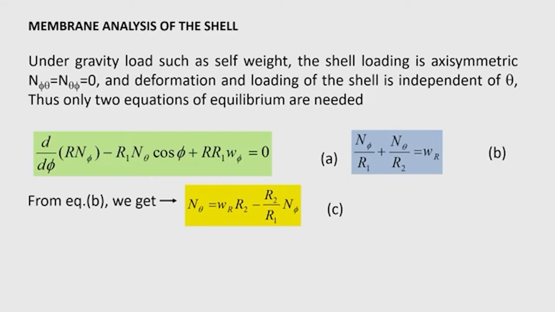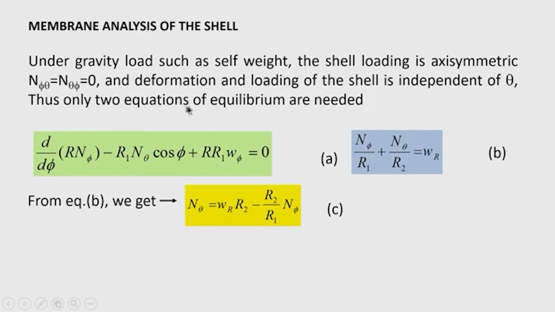So, in this type of shell, under the self weight acting along the surface of the shell, the loading condition is symmetrical with respect to the axis of revolution. Therefore, the membrane shearing forces n phi theta and n theta phi are to be taken as 0, and the deformation, that is displacement, stresses or loading of the shell, is independent of the angle theta.